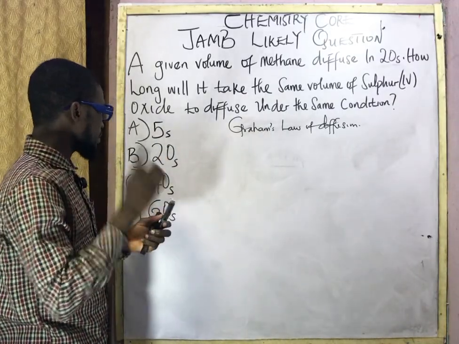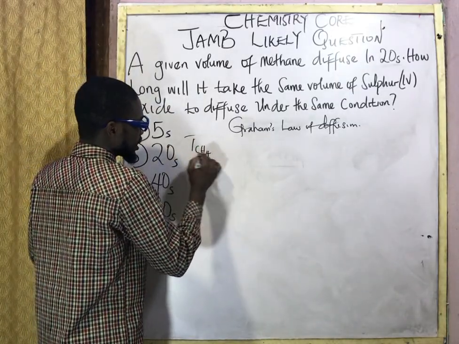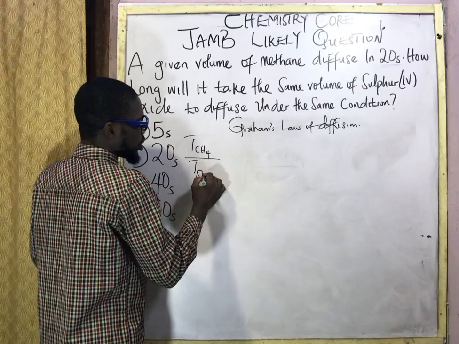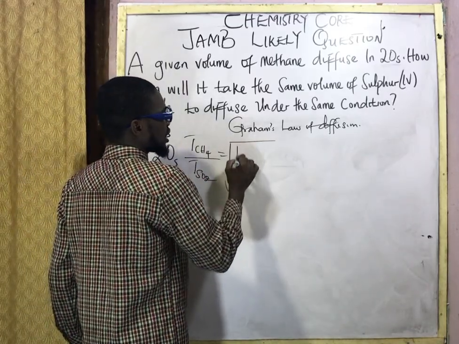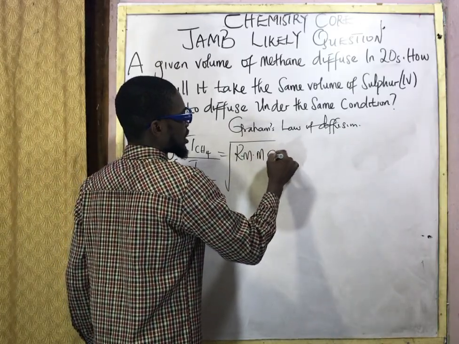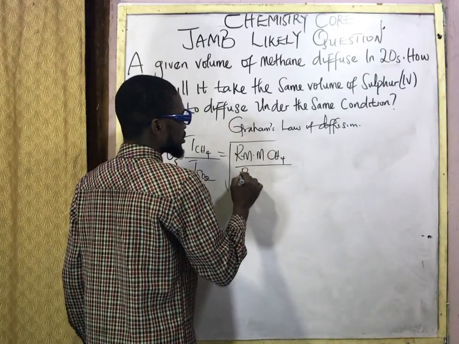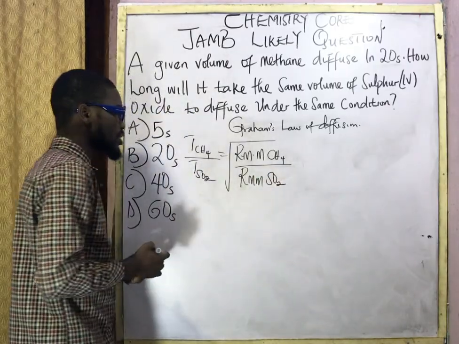Now, how can we deduce the formula to use in this type of equation? You don't have to panic, because you can say the time of methane divided by the time of sulfur oxide equal to the square root of the relative molecular mass of methane divided by the relative molecular mass of sulfur oxide.